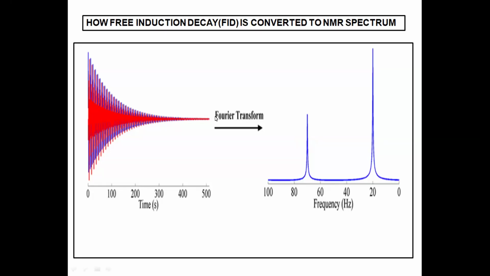Fourier transform is a mathematical way to convert a time domain signal to the frequency domain. This is done with the help of NMR software available with the NMR spectrometer, and for the Bruker spectrometer we have another software, but the underlying process is the Fourier transform.